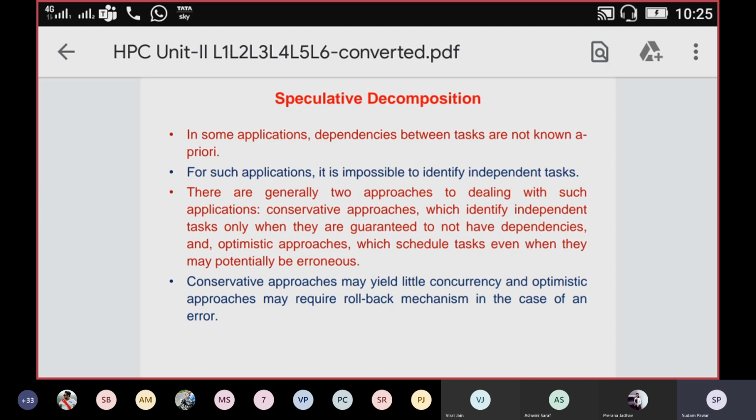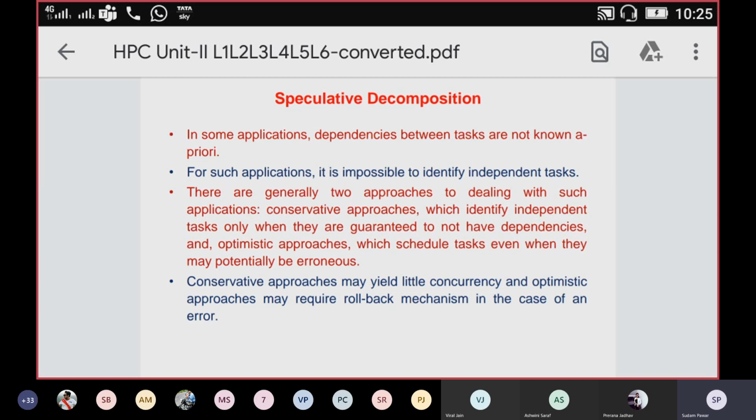The conservative approach may yield little concurrency, and the optimistic approach may require a rollback mechanism in the case of an error or erroneous task. So you have to remember, speculative decomposition has two types of approaches: the conservative approach and the optimistic approach.